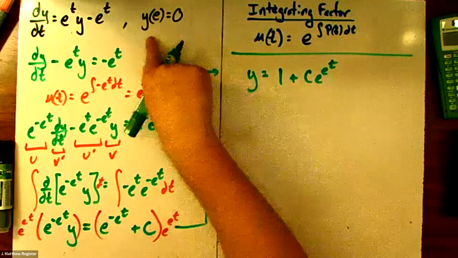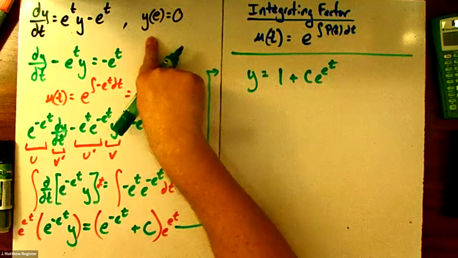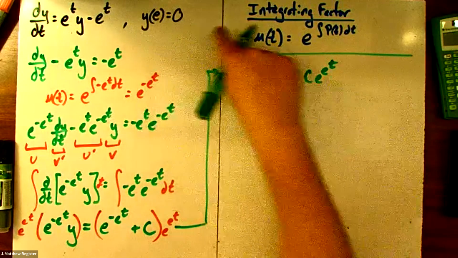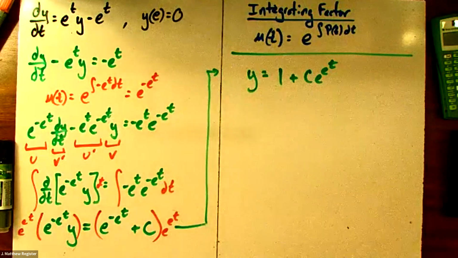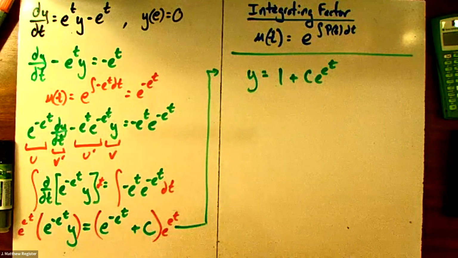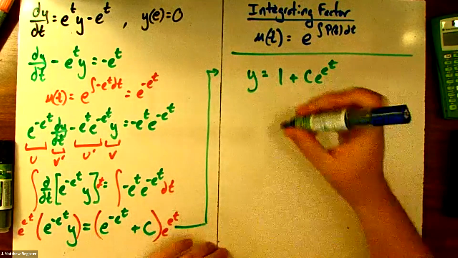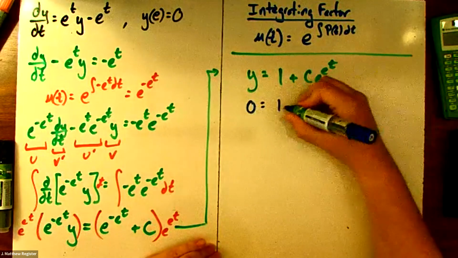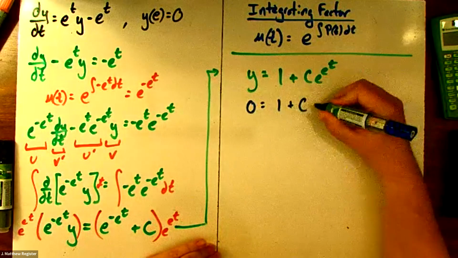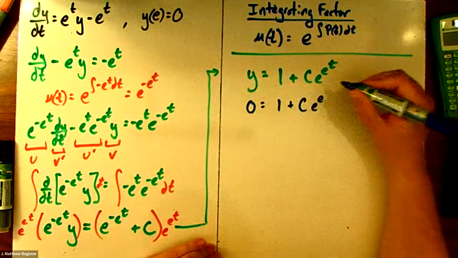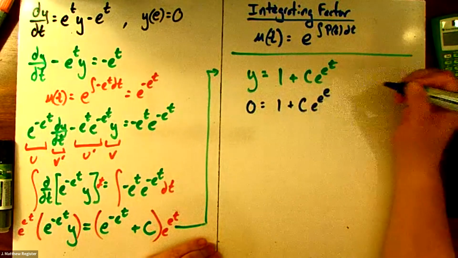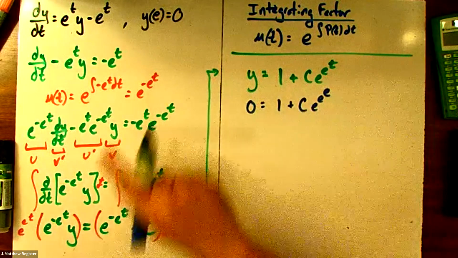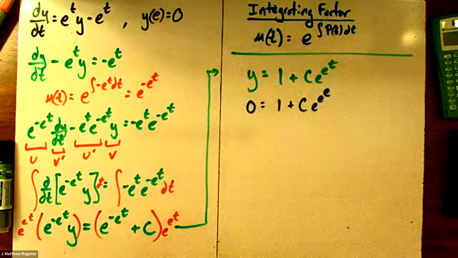But now y of e is equal to 0. We can use this to figure out what our constant c is. And so we can plug it in. We're going to get 0 equals 1 plus c e to the e to the e, because we're plugging in the e where we had a t.